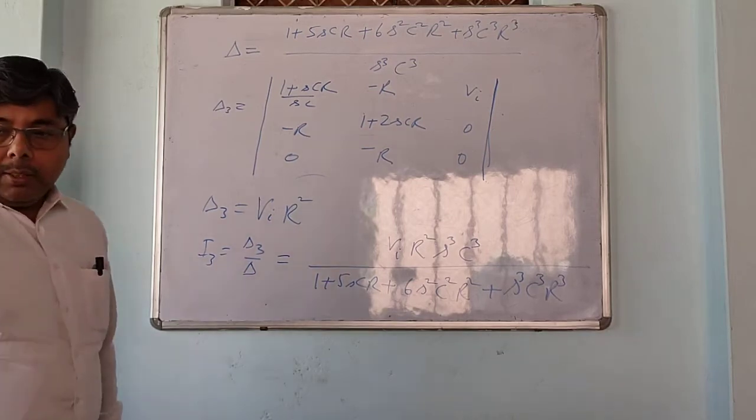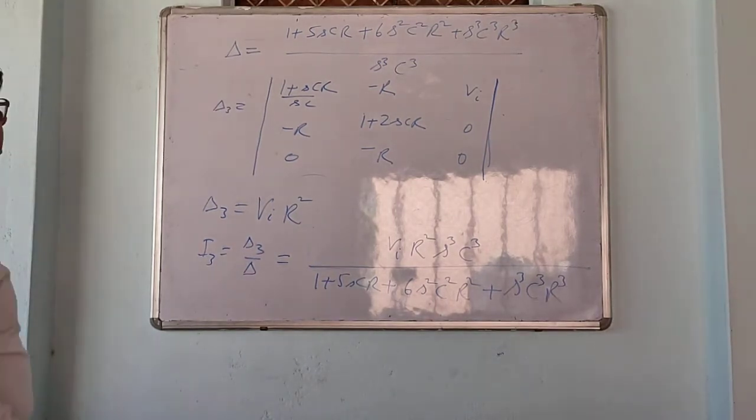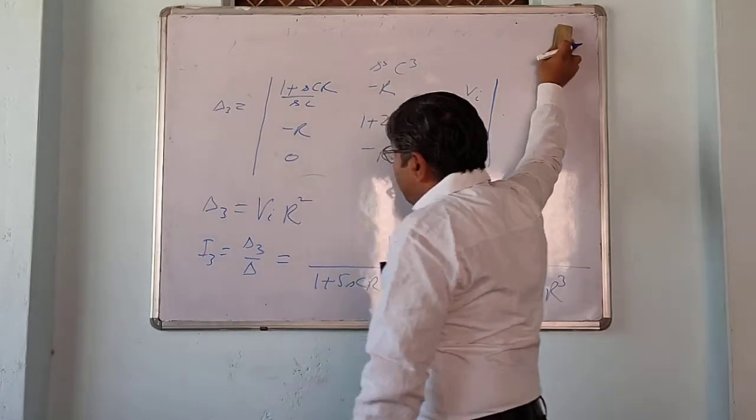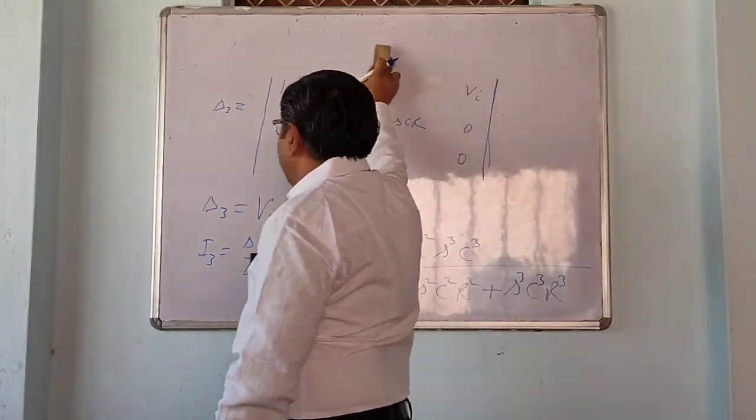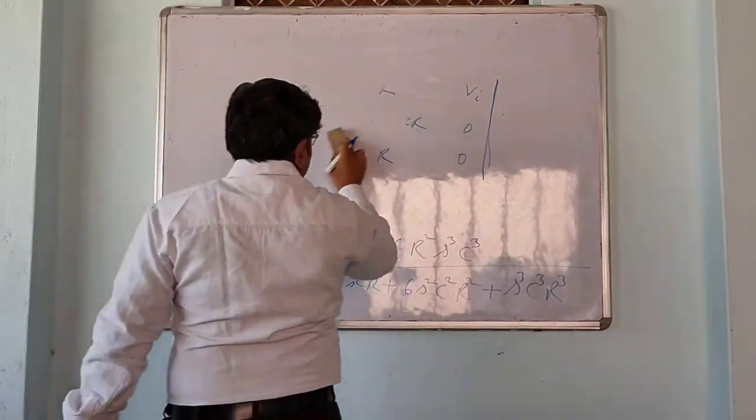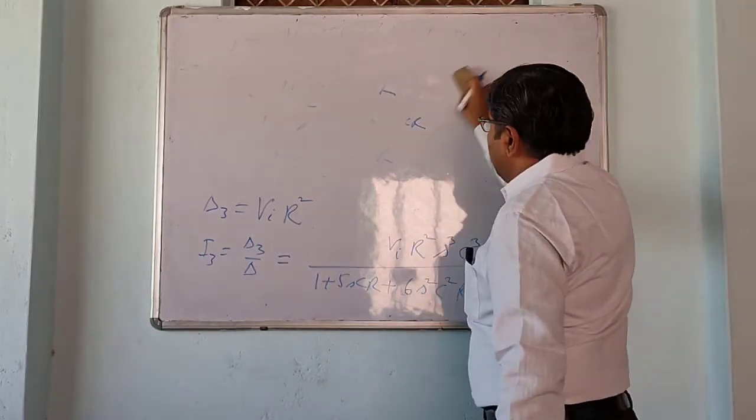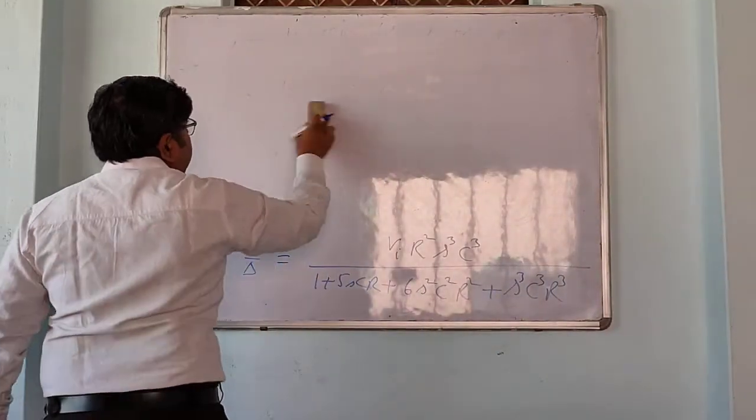This is the expression for I3, which is obtained from delta 3 upon delta. Simply replace the values of delta 3 and delta, you will get this value.